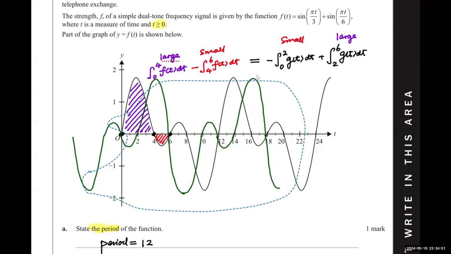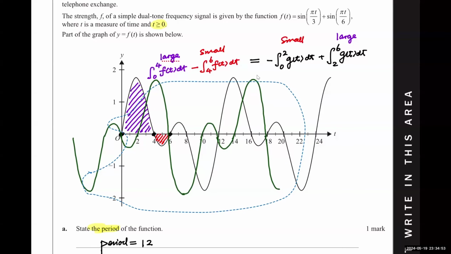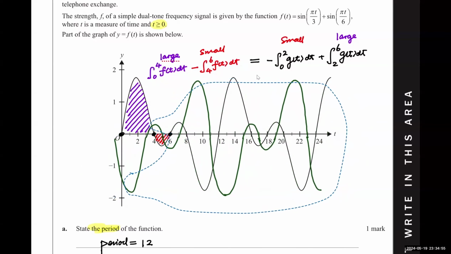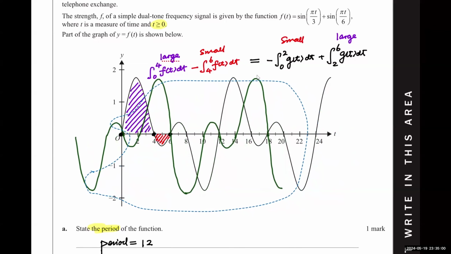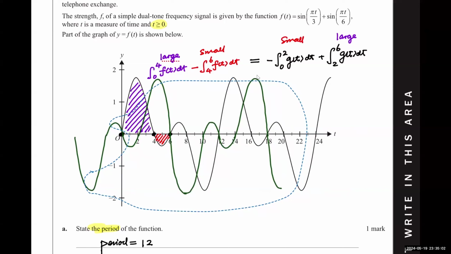Once I push everything to the left by, let's say, this was 2 units, 4 units, 6 units. This is a possible way to tackle the problem.